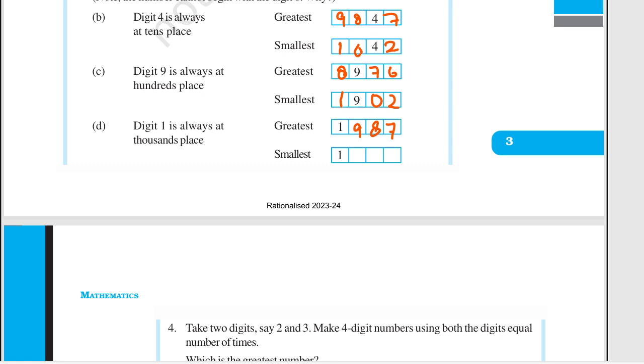First of all, try to do it by yourself. I hope you guys have done it, so please check it out. 1 is already there: ones, tens, hundreds, thousands. 1 is already written over here, means at the thousands place there is 1.